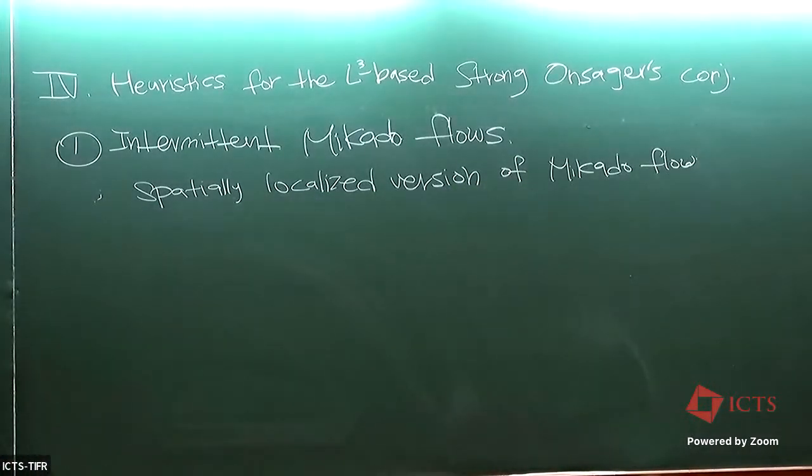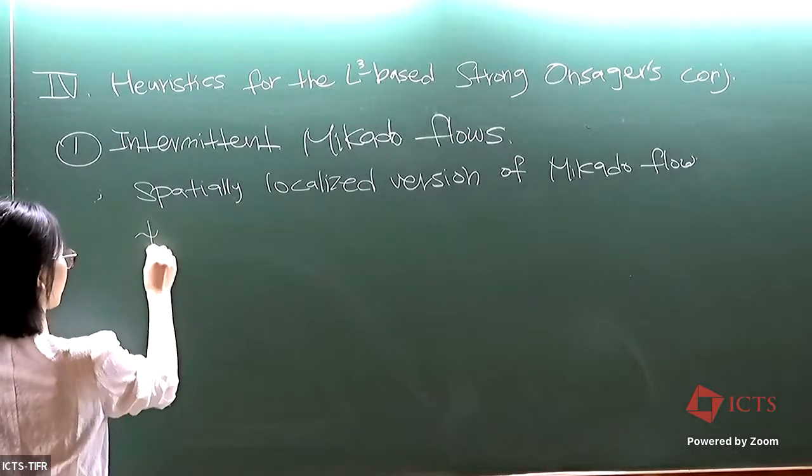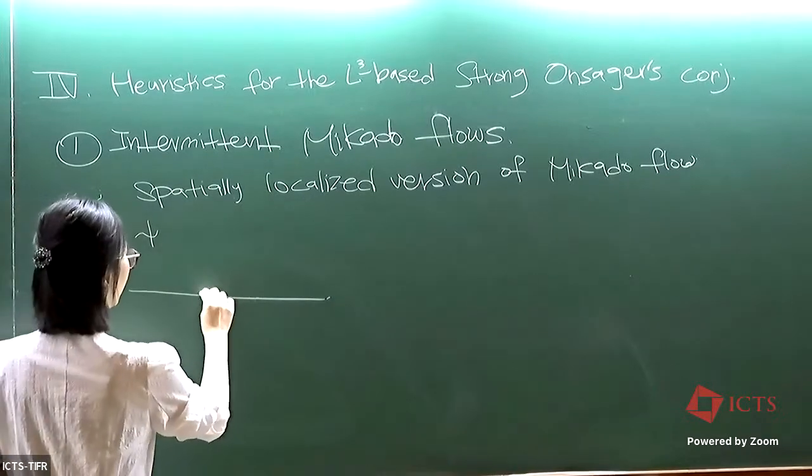And what I mean by this is the following. So for simplicity, let's just consider a one-dimensional setting. So in the original Mikado flow, the associated function looks like this. It's just a compactly supported smooth function, and it's mean zero.